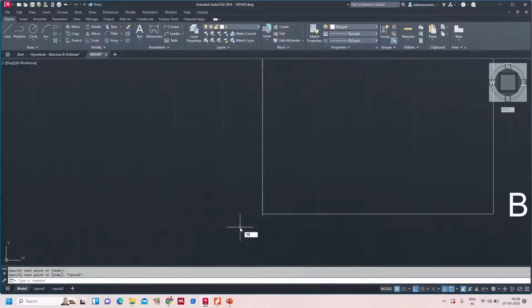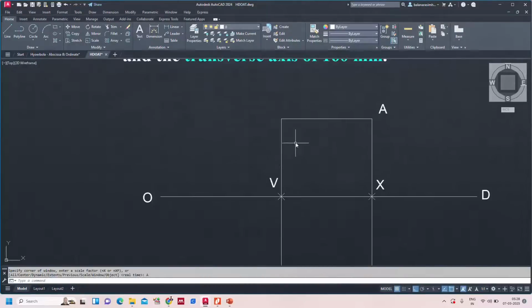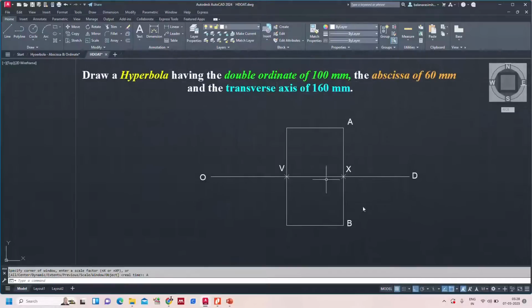Okay, let me remove that extra portion. Done. TR, enter. Perfectly, we constructed the rectangle. Now let's give the names. Copy, paste.